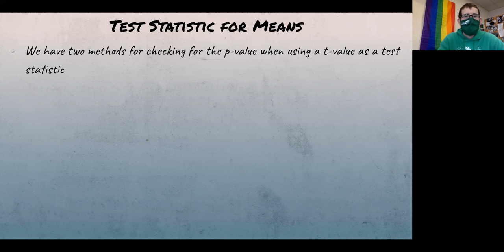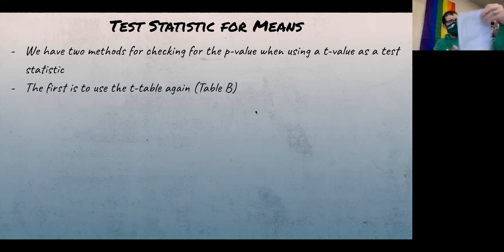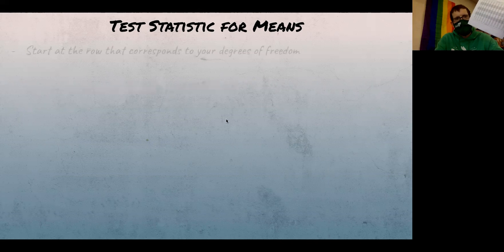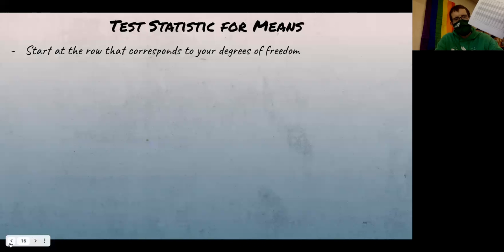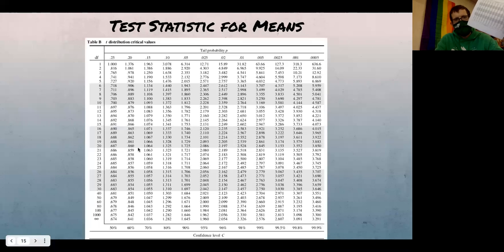All right, here's method number one. We can go to table B, and this is on this paper that some of you have. This is going to get a little bit strange, but I'll just explain it, and then we'll have it laid out.